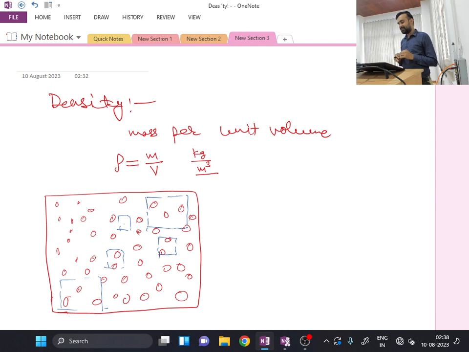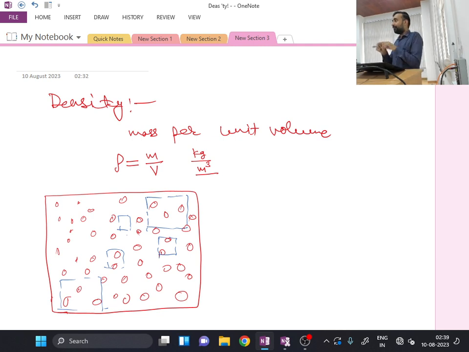So whenever we are deciding our control volume, if the size of this volume is very small, then we can have certain situations where this volume is coinciding with the molecule, so it is giving a certain amount of mass and certain volume. So it will give us some finite value of density. On the contrary, if it is projected on a portion where there is no molecule, then our mass will be 0, so it will give us the value of density as 0.